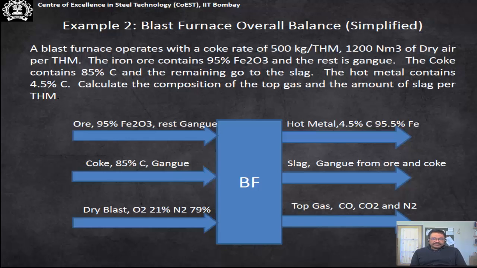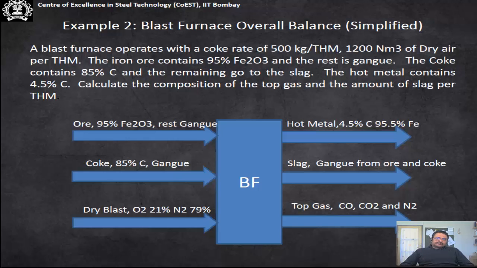All those things have been explored, and some of these have been established now in plant scale operation. Anyway, here we are taking a simplified case where the coke rate is 500 kg per ton of hot metal, and this per ton of hot metal is one of the bases on which plant operators express many of their operating parameters.